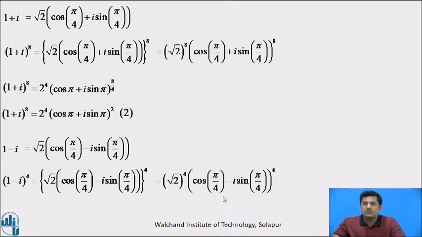Here also, to write it in terms of cos pi minus i sin pi only, I can take the coefficient 1 by 4 in the power, but power 4 is already present. So cancelling them, we have only power 1, that is, root 2 raised to 4 is 2 square, and the bracket cos pi minus i sin pi.